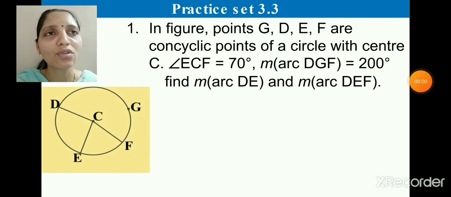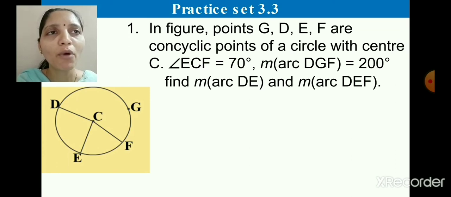Now let's try to solve some problems from practice set 3.3. First problem. In the figure, points G, D, E, F are concyclic points of a circle with center C. Angle ECF is equal to 70 degree. Major arc DGF is equal to 200 degree. Find major arc DE and major arc DEF.